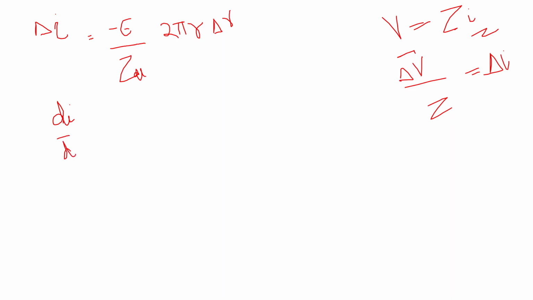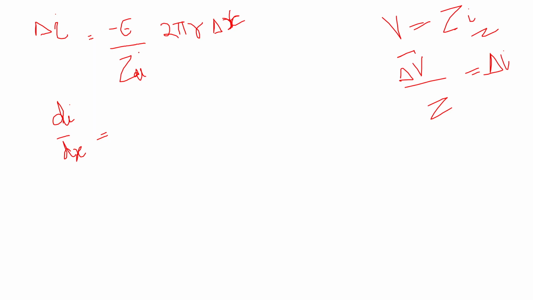Why? Because I have a change in current across the small change in x. Excuse me, yes, tell me. How you have written delta I is equal to minus E into 2 pi r into delta x? So here we are accounting for the change in the current across the side walls.